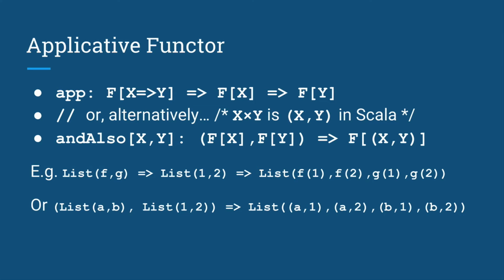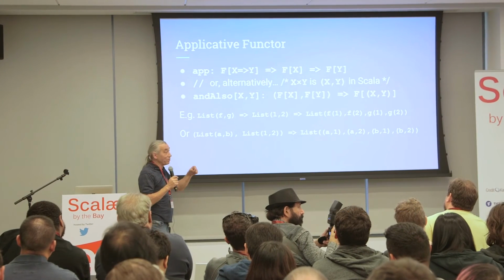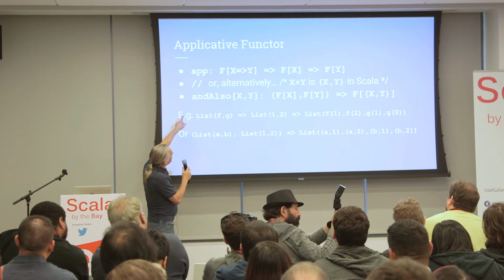So if we had a list of functions, we can map a list of x's into a list of y's. How? We have like 10 functions, we have 10 numbers. So how many results will we have? Probably 100, right? So that's what app does by default. But there are other ways. We can zip them. I'm not going there.